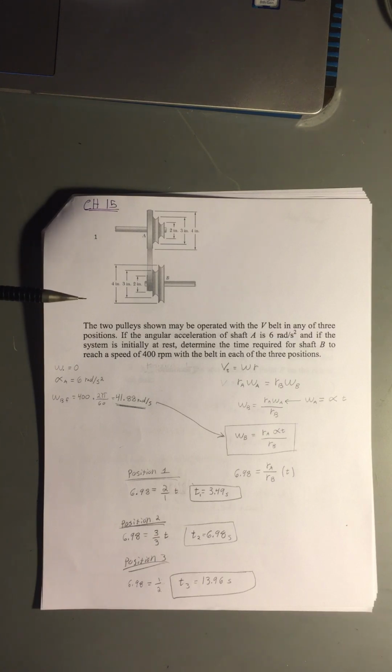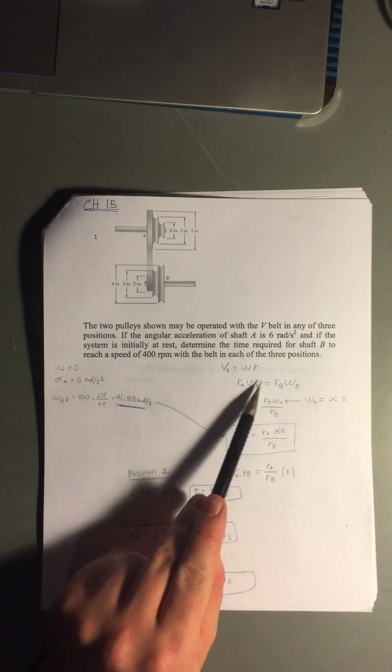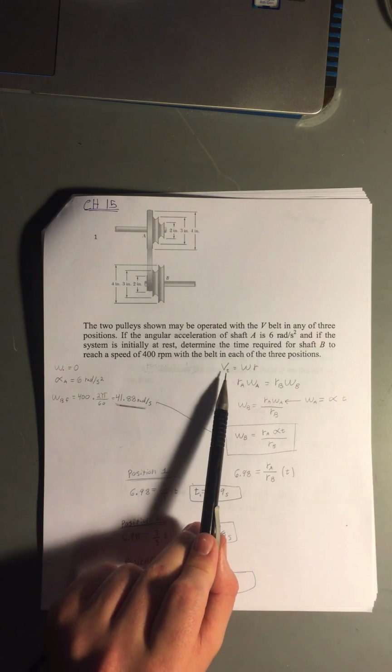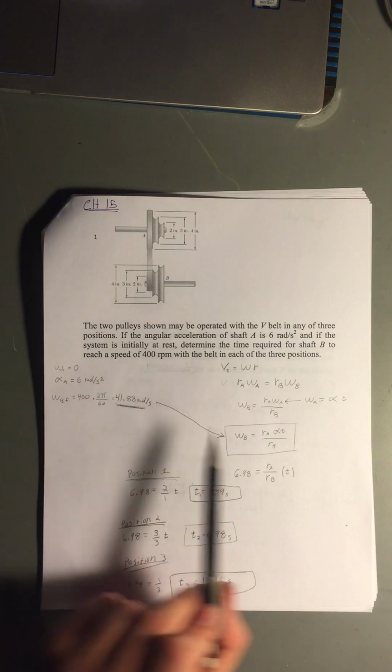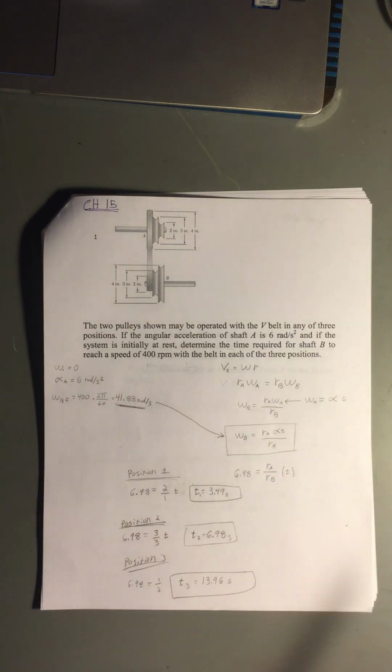In order to solve this problem, the first thing we had to do was create an equation using some of the relationships that we know. We know that the linear velocity has to equal omega times r, the radius. Since the velocity of the belt is the same, r_A omega_A has to equal r_B omega_B.